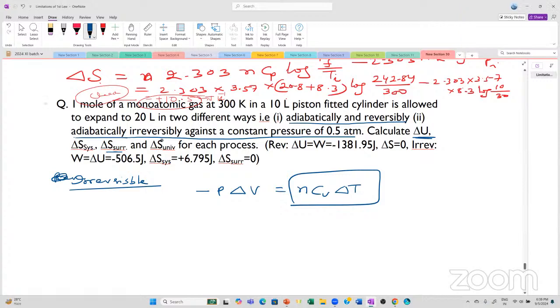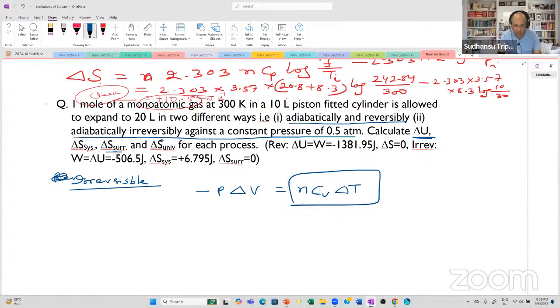So, when you are taking up irreversible first, since the external pressure is given, you can use this expression, and the volume change is also given.